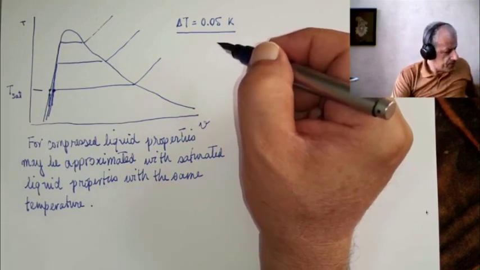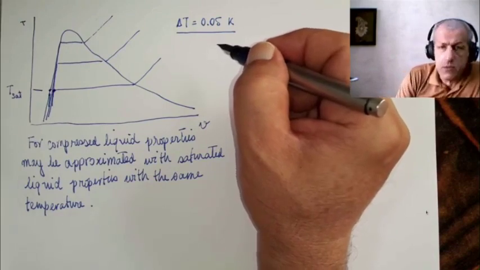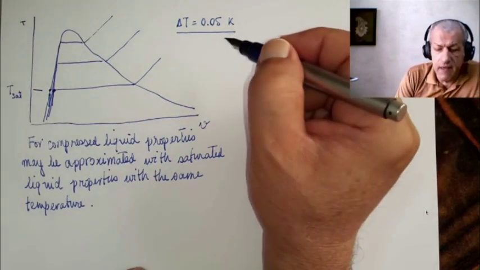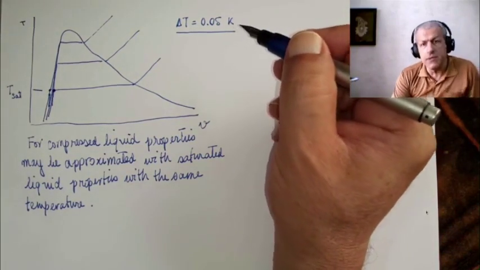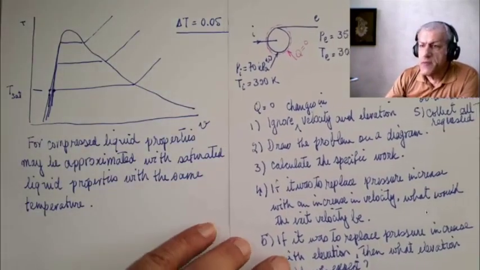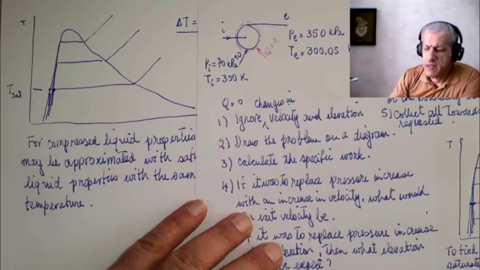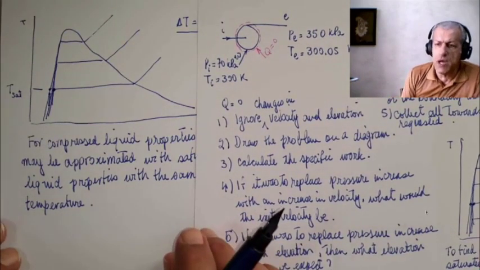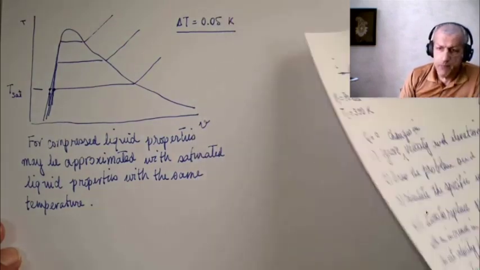But as it is, what I would do is to just use the values we are given and try to find proper values. You see, these are the values we are given, and now I would try to find properties for these values.